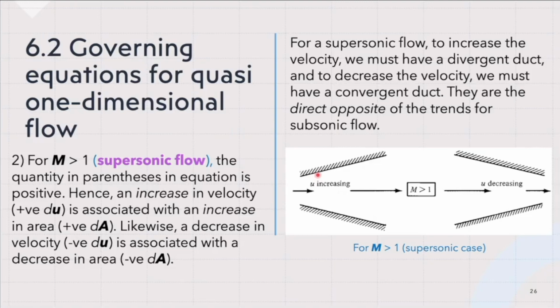We must have a divergent duct like this. If you want to decrease the velocity, you have a convergent duct. So they are the direct opposite of the trend for subsonic flow.